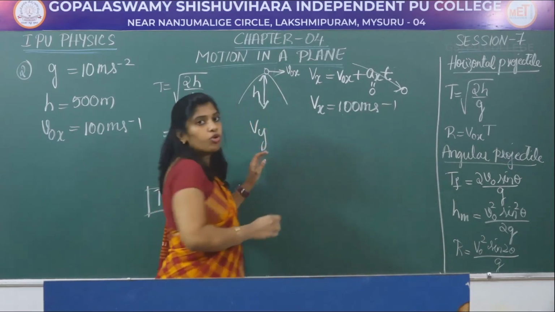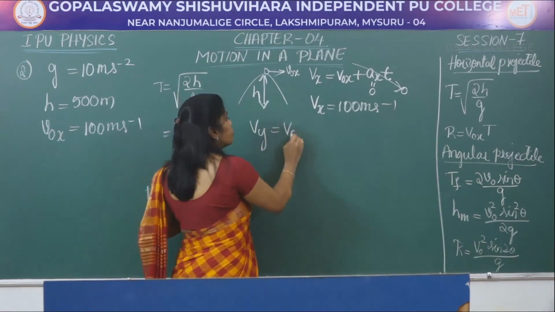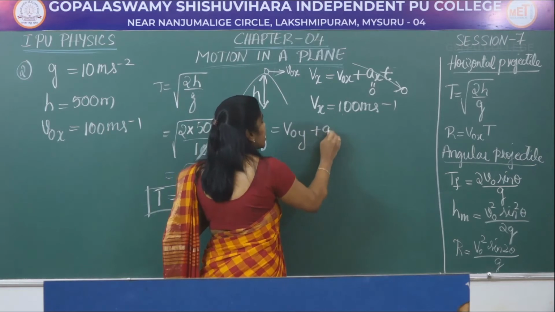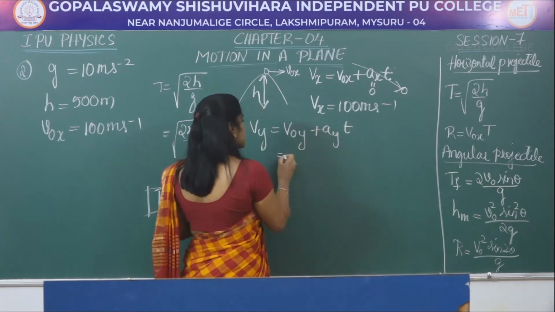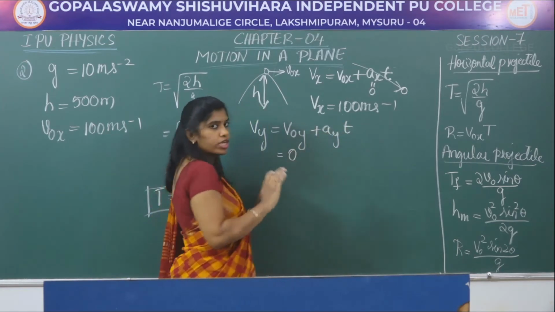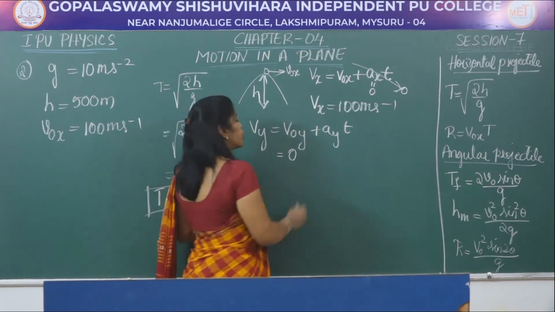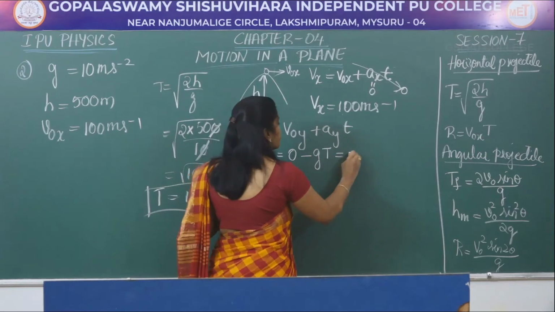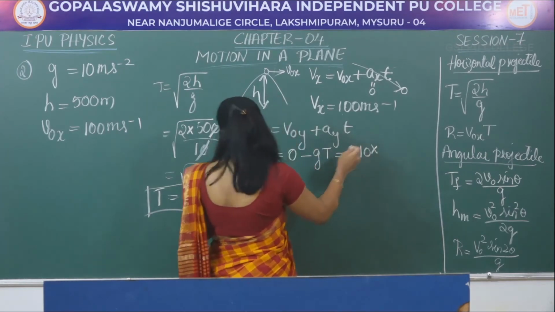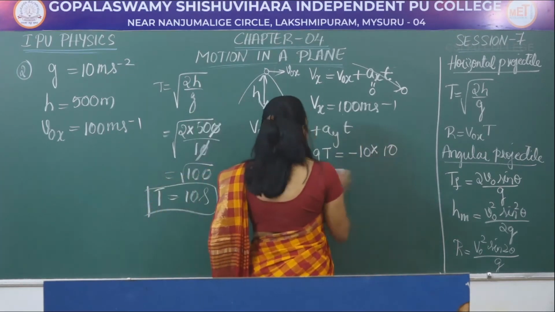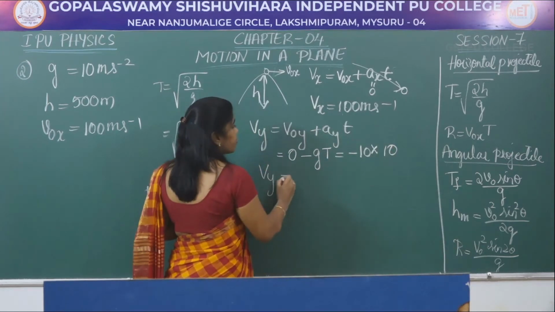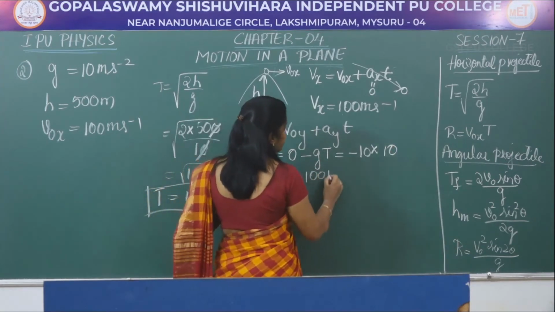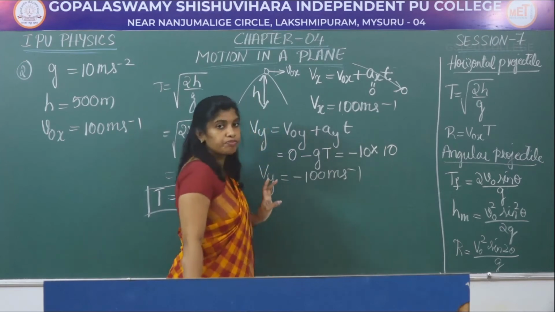Similarly, let us find out Vy, which is equal to v naught y plus ay t. Now v naught y is 0, there is no vertical component of velocity, minus g into the time t. Therefore, this is minus 10 into what is t? It is 10 seconds. Then Vy will be equal to minus 100 meter per second.